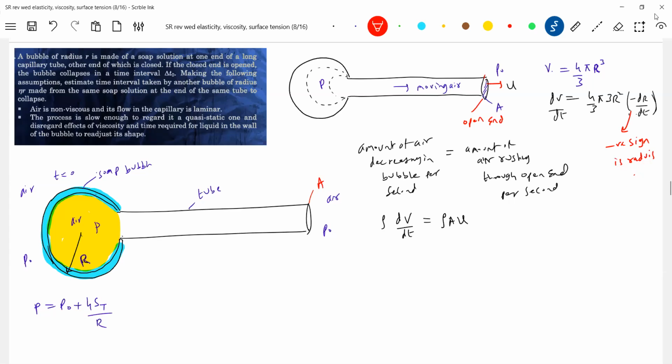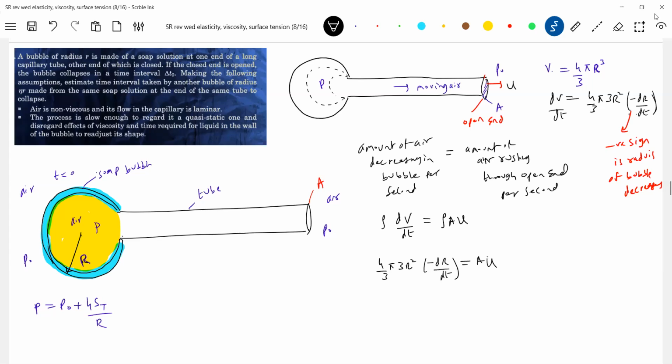The radius of the bubble decreases. Okay, no. So let me substitute here dV by dt. Rho gets eliminated. So this will be 4 by 3 pi 3 r square minus dr by dt equals A into u. Okay, somehow I have brought the equation.